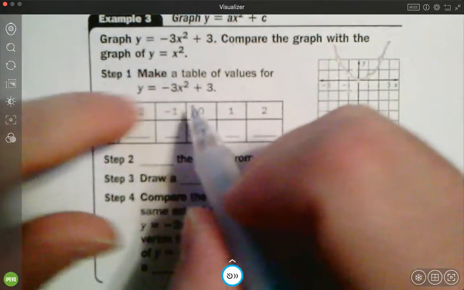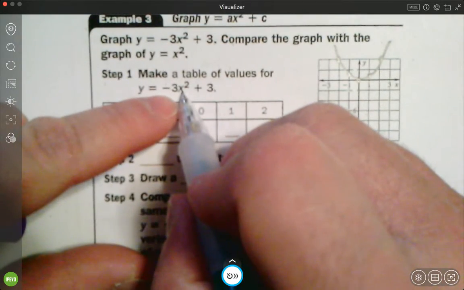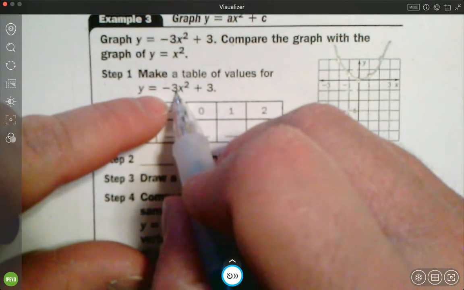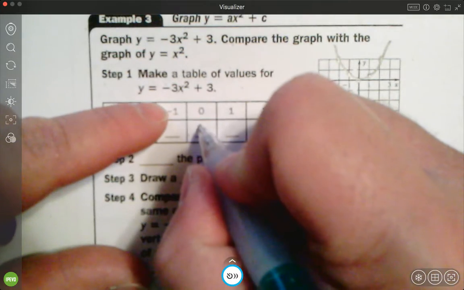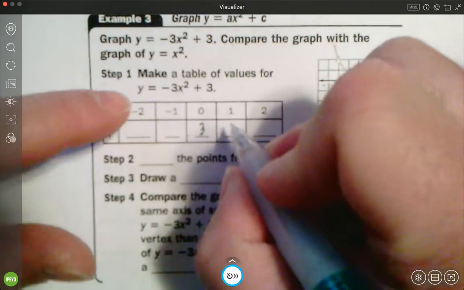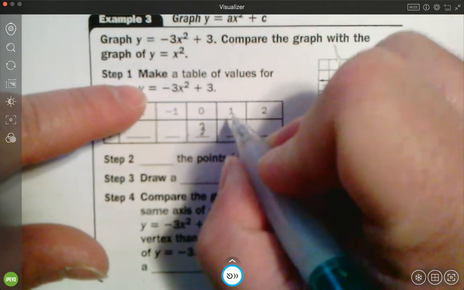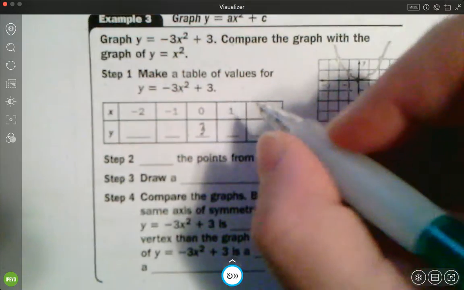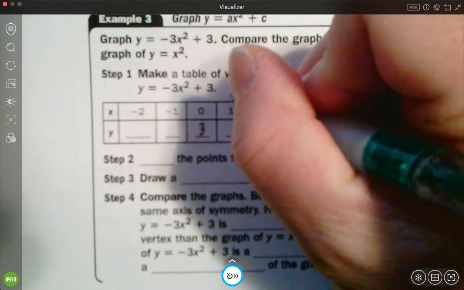So 0 squared is 0, times negative 3 is 0, but plus 3 is 3. So it looks like it's shifting our graph, still going up by 3. Negative 3, so maybe I'll do it off to the side here for this one at least.